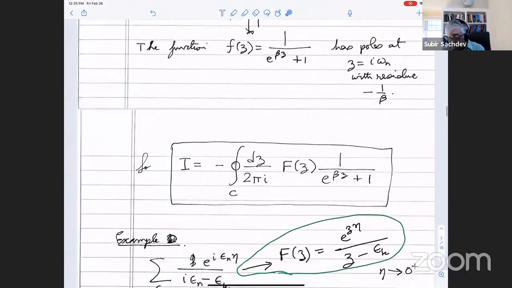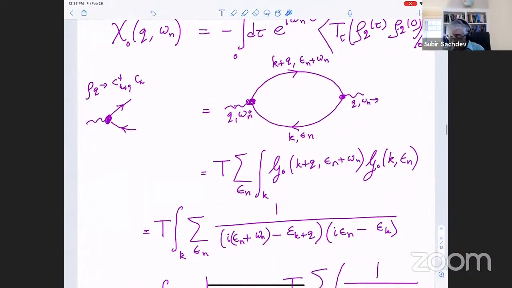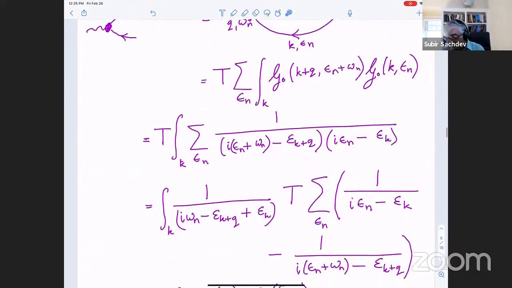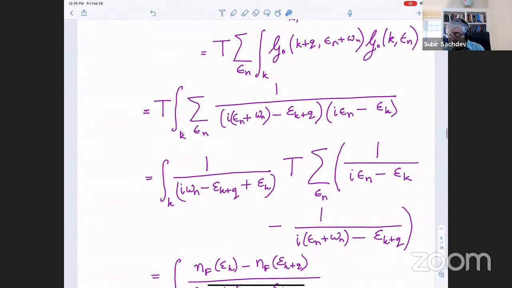The point here is that if I look at this expression at large epsilon, there's a 1 over n here and a 1 over n here. It goes to 1 over n squared at large n. And you know that the sum over n of 1 over n squared is perfectly convergent. So this is a perfectly well-defined expression with no divergences. I made the silly thing of introducing a divergence by doing the partial fraction.